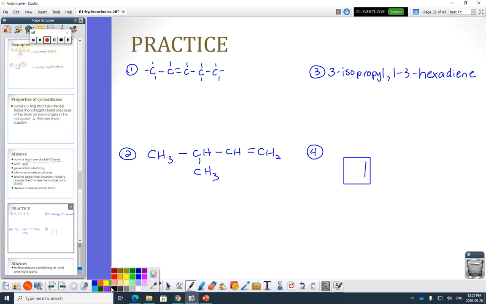You count the longest chain. So number one, there's only one carbon chain. So 1, 2, 3, 4, 5, which is pent. And then there is one double bond, so that automatically changes the ending to ene, or pentene.